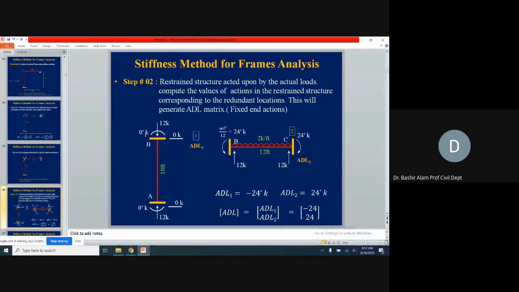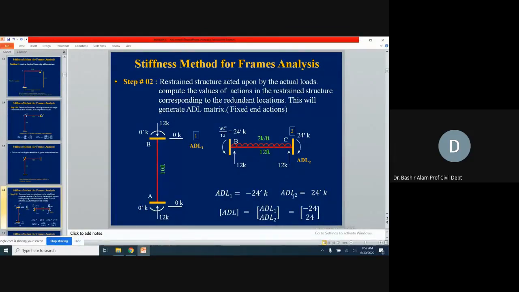It is 0. And from BC, MBC is minus 24. Why minus? Because it is counterclockwise. So 0 minus 24 is minus 24, and here it is recorded that ADL1 is equal to minus 24.